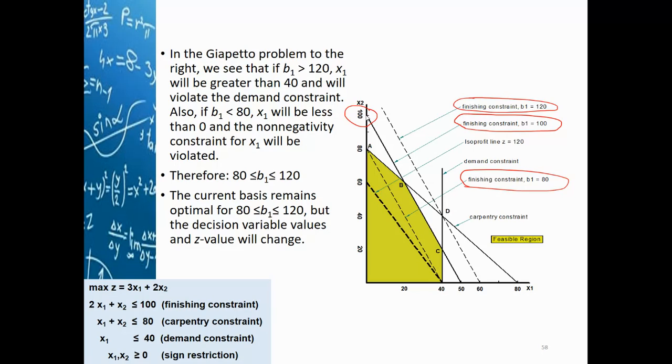Then if you have b which is 120, meaning that this 120 is this line. But what happens if you have greater than 120?